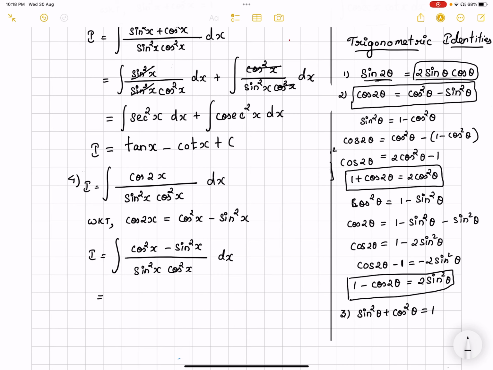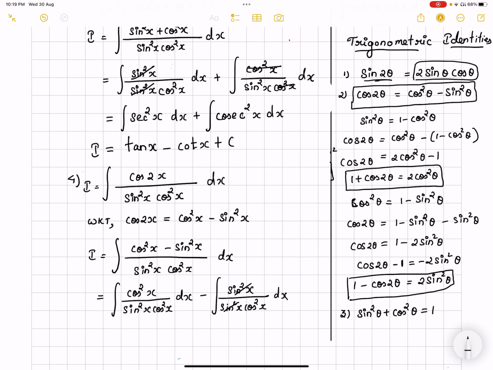Now in this case, if you observe, I'm having two terms in my numerator. Both the terms have the denominator as sine square x cos square x dx, minus integral sine square x divided by sine square x cos square x dx.